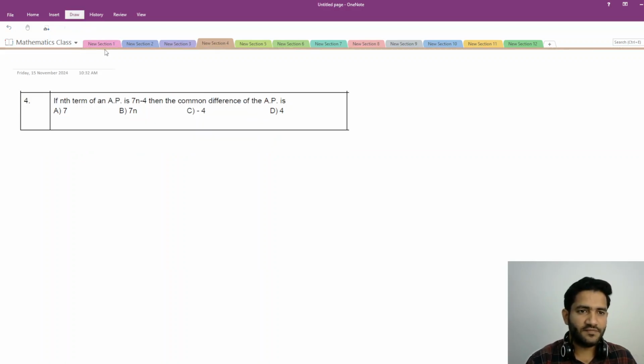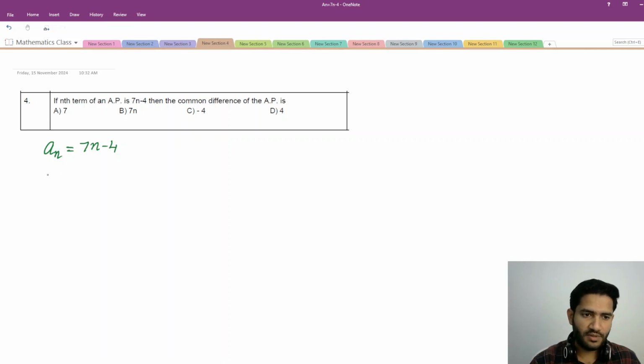Then look at the fourth one. The nth term is given. That means an is given as 7n minus 4. We want to find the common difference. There are so many methods. The simple method: d is equal to a2 minus a1.